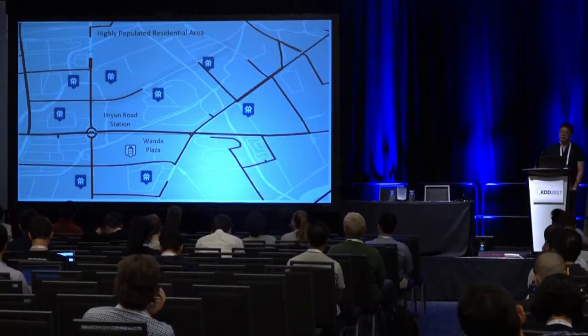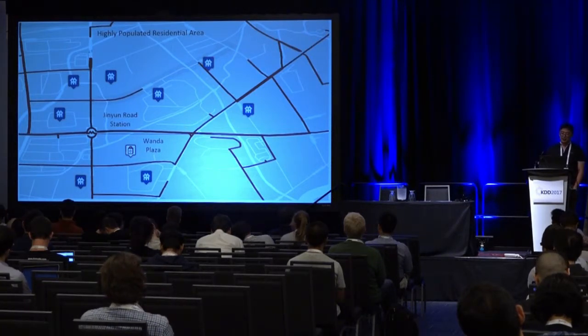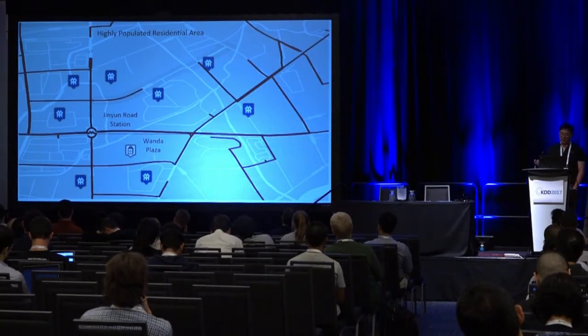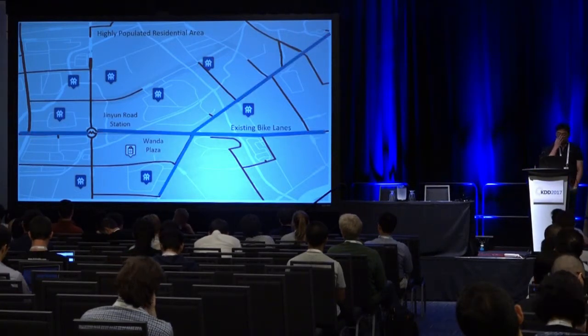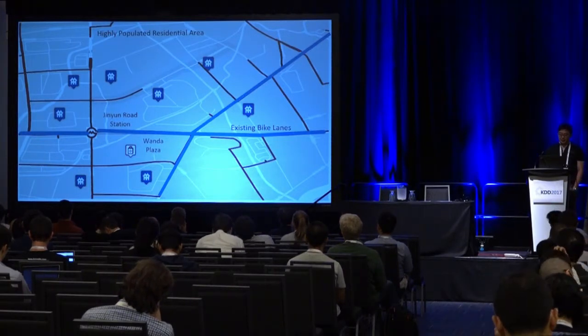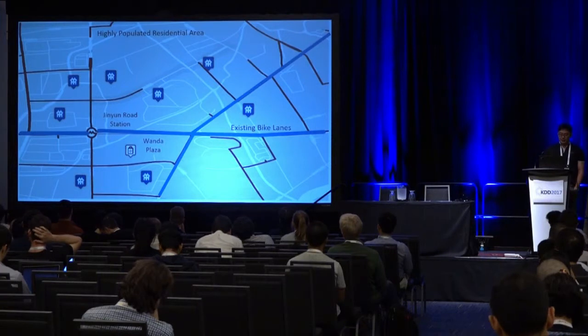So as a result, cycling is the most convenient way to either go to the shopping mall or go to work by train. We actually see a lot of bike activity here. When we arrived there, we saw that the government had already built 2 bike lanes on the major roads.